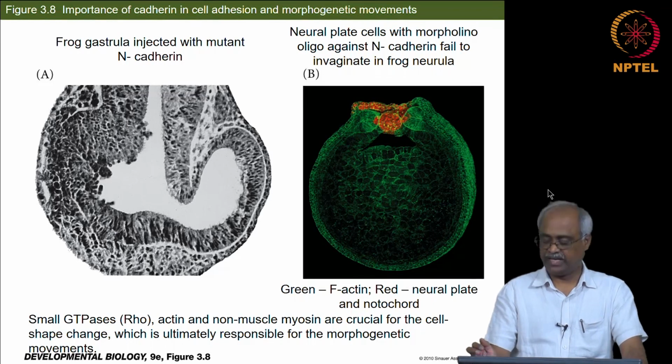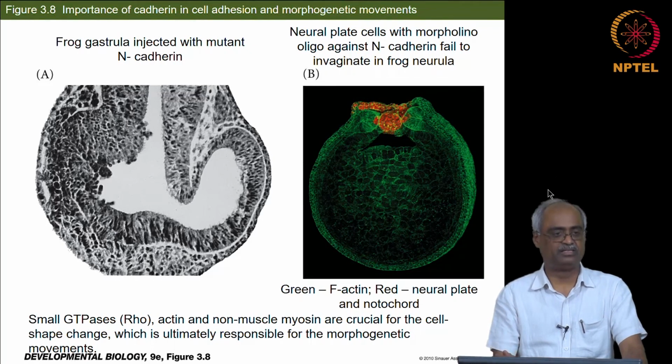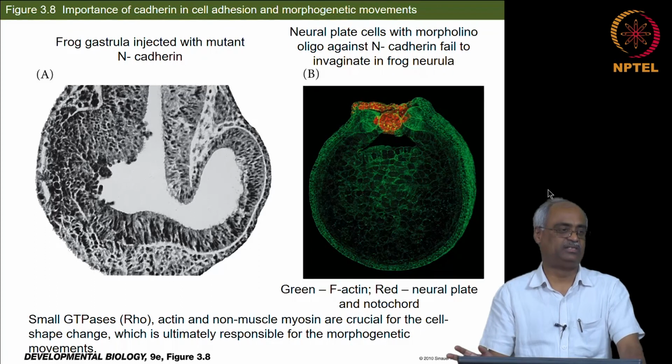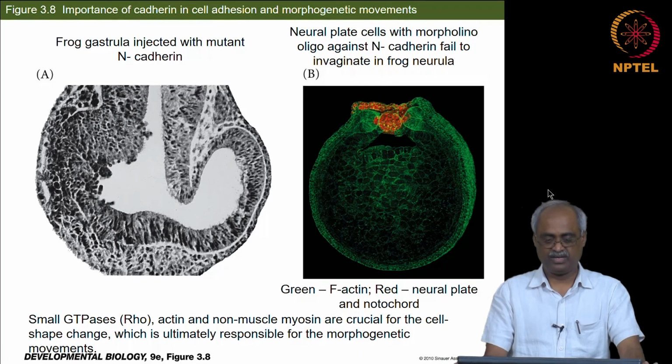So, the type of cadherin, their spatial localization and their concentration, all of these are spatially and temporally dynamically regulated. I stop here because today I wanted to focus only on the morphogenetic movement and the role of cadherins.